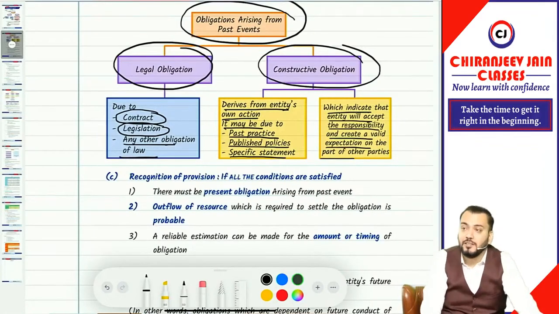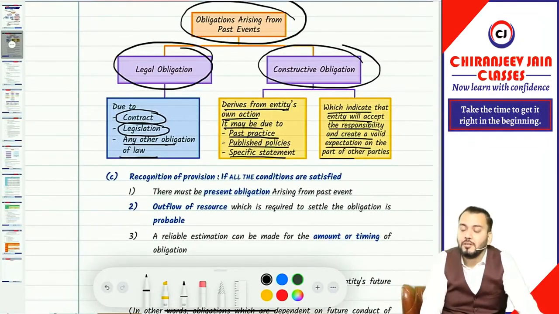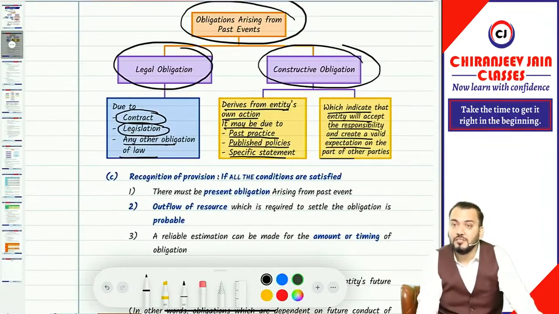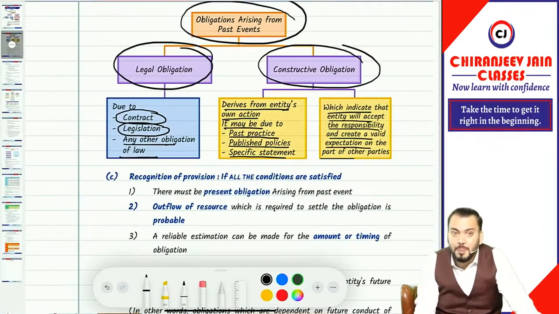But on your website, or in any statement, you have announced that whatever pollution we are creating will be cleaned up. So can I say it becomes a constructive obligation to clean up the environment, even though there is no contractual or legal obligation? In that also you need to create what?